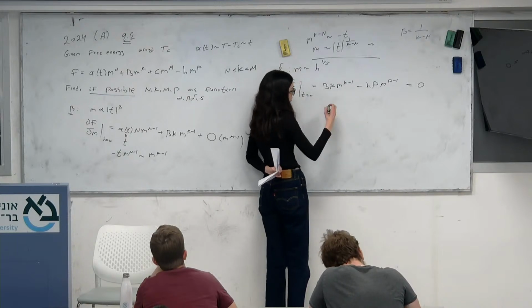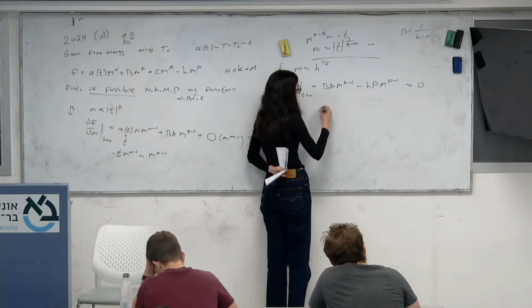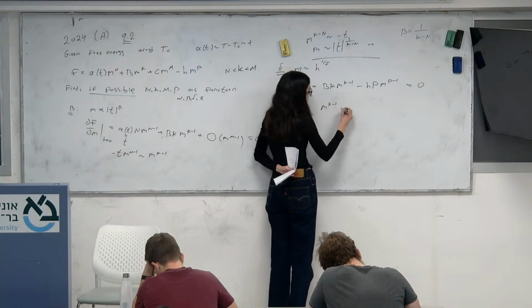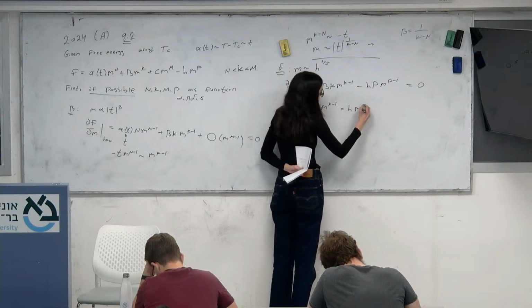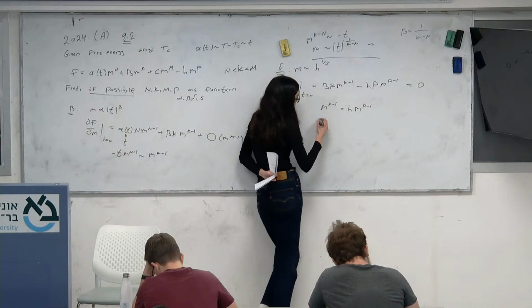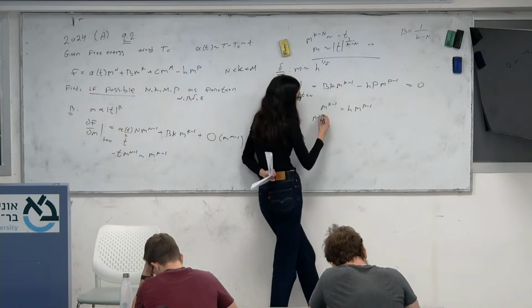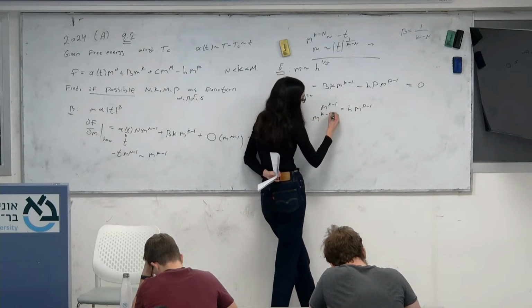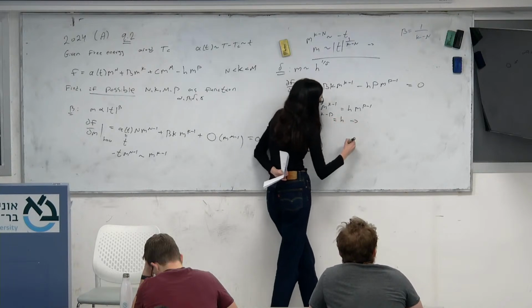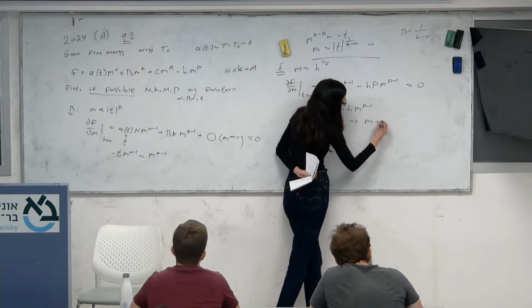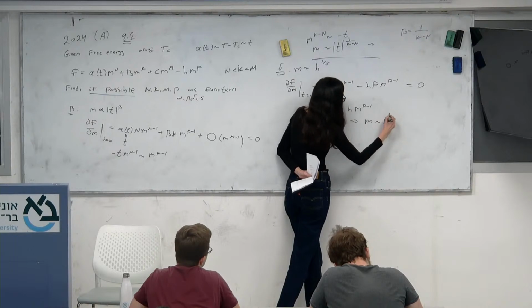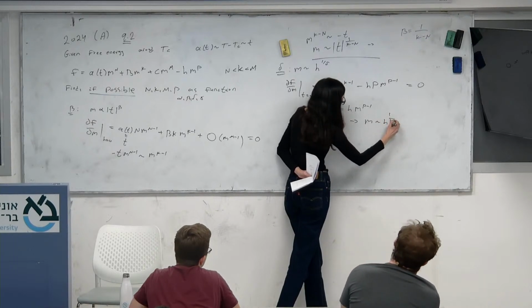Okay, so again, ignoring all of the factors, we get m^(k-1) equal to h m^(p-1). So m^(k-p) equal to h. Therefore, m goes as h to the 1 over k minus p.